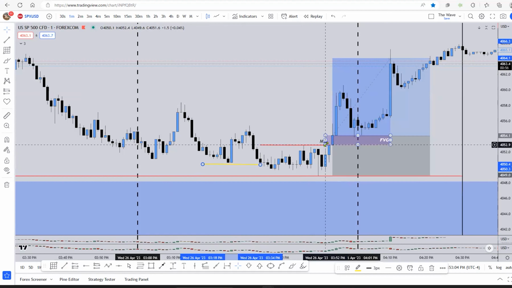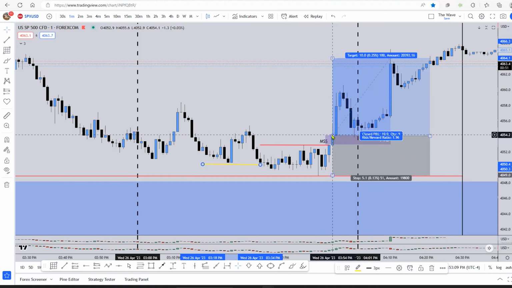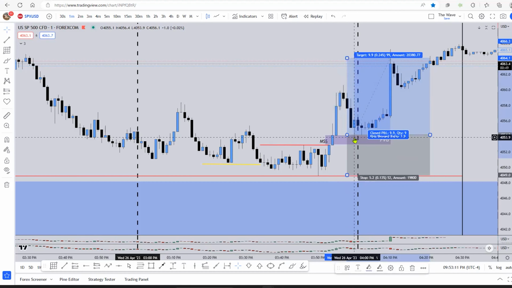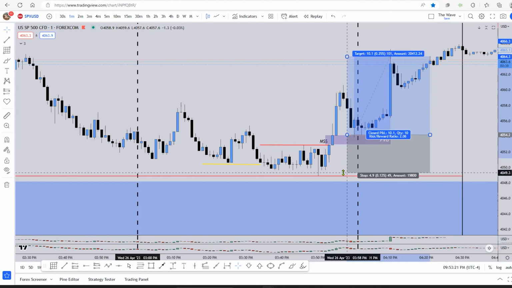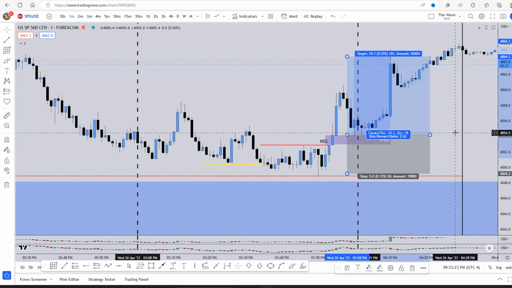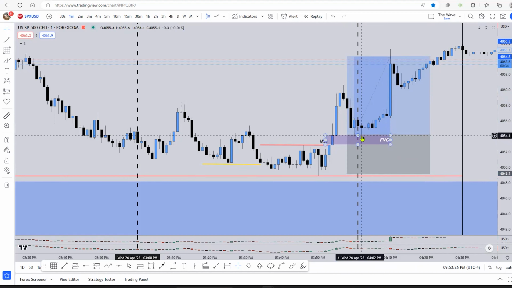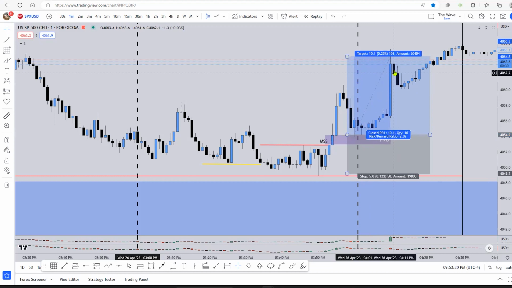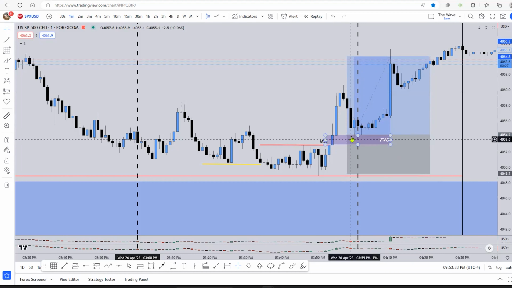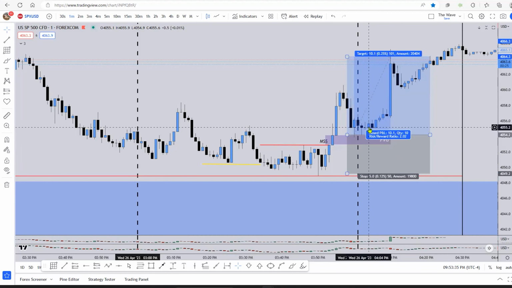We get this break of market structure here, displacement, fair value gap entry here off into this wick, and you get another 10 points in the afternoon, risking 5, right? Virtually no drawdown, straight to take profit within 11 minutes.